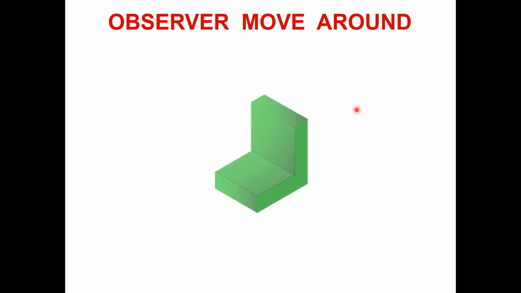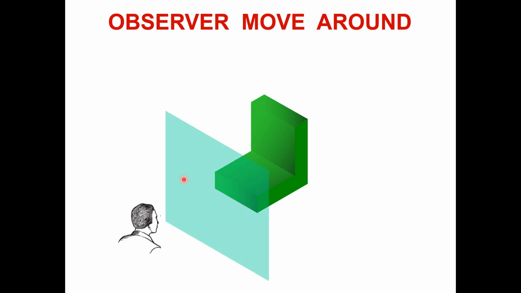Now in the second case, the observer moves around. Okay, here is the plane of projection. When the observer sees this side, this one, this is the front view. Now for the right side view, the person will move towards this side.